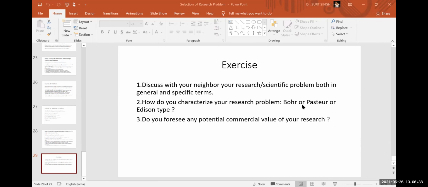In the coming classes, we are going to identify the topic, and I'll try to make you develop your research proposal before the completion of this course, so that when you go to the next semester, your research proposal is ready for submission, right?